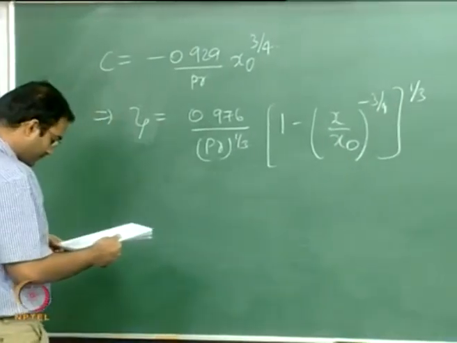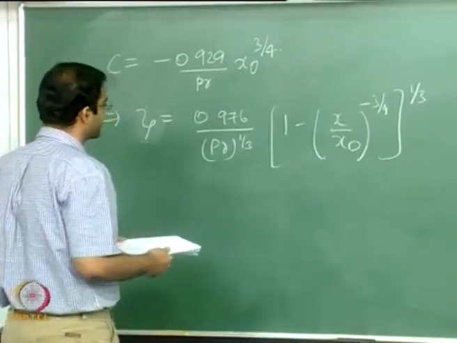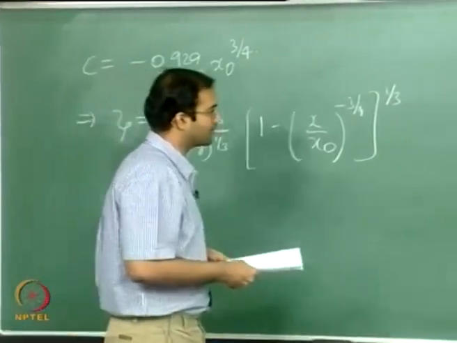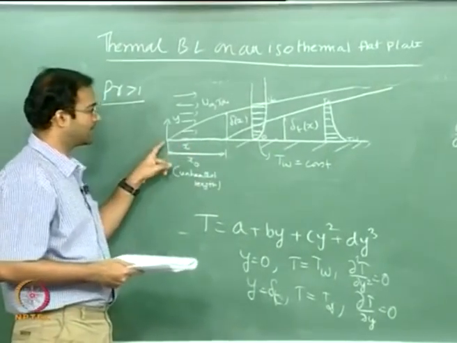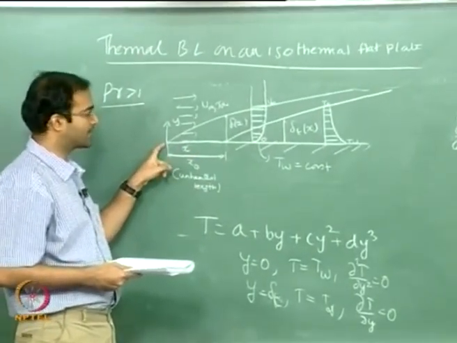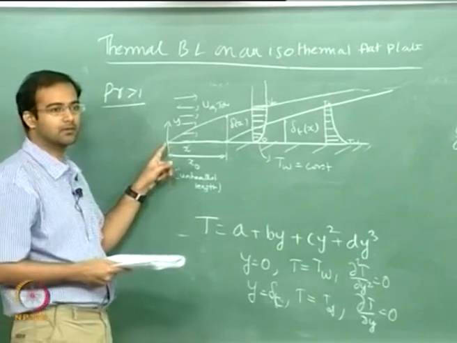And to derive a specific case, for the case where you don't have the unheated length, that is you start maintaining a wall temperature condition right from the beginning at x equal to 0, okay.